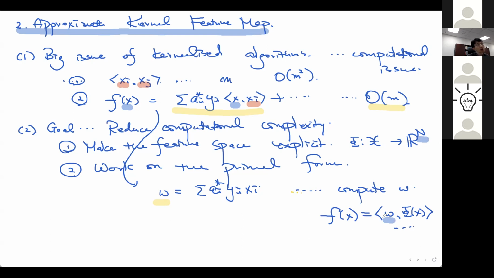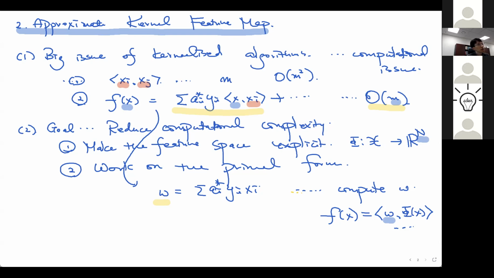So if n is say 20, then the computational complexity involved in computing f of x is going to be just the multiplication and addition of 20 real numbers, which will be much cheaper than computing a million steps in the dual form. Okay, so that's the idea.